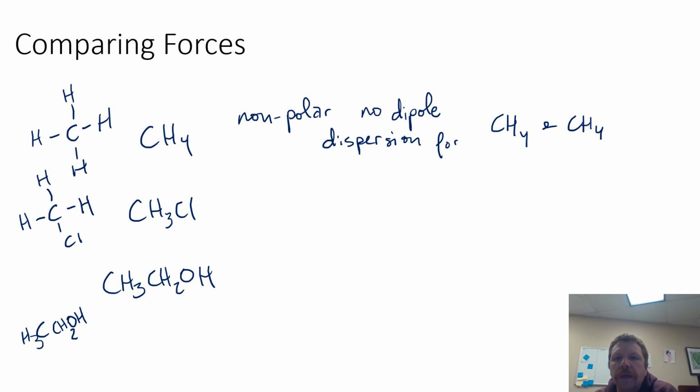And one thing that you see about multiple methane molecules and physical properties of a methane solution is that the boiling point of that solution is negative 161 degrees Celsius. So these molecules are not held together very tightly, and so that solution is going to vaporize at a very, very low temperature.